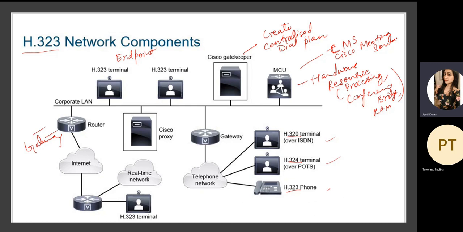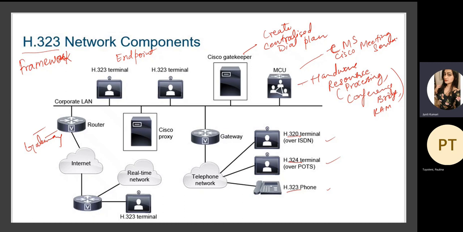H323 is not a protocol, it is a framework which uses different protocols. Like in VPN, VPN is not a protocol, or IPsec is not a protocol. It uses a group of different protocols to work for authentication, authorization, and encryption. Similarly, H323 is a framework that uses other protocols and other algorithms for it to work.